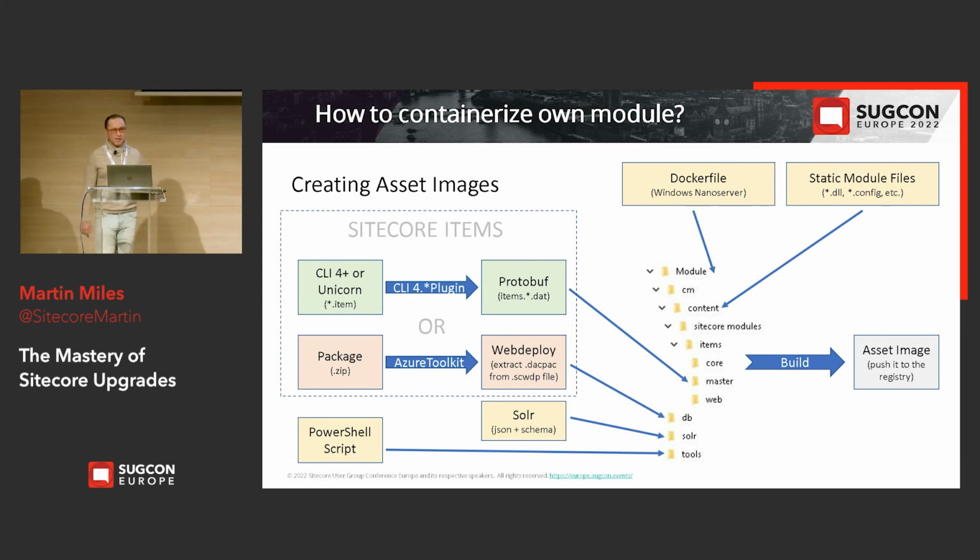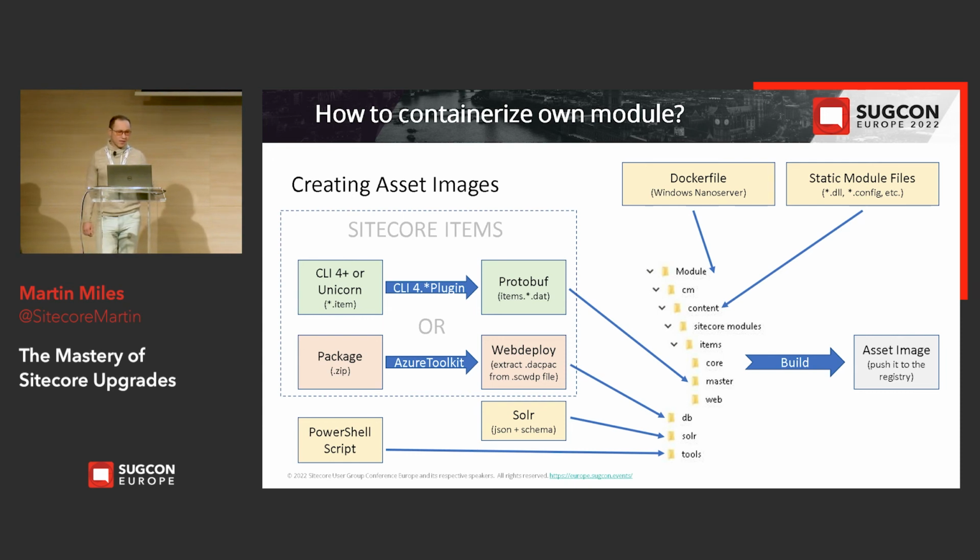And the rest of the files for your module will be the same regardless of the way you choose. So you'll definitely have some statics like DLLs, configs, maybe some JavaScript, styles, whatever. You will have a Dockerfile from Windows Nano Server. If you are doing something with search, you will probably supply a Solr schema.